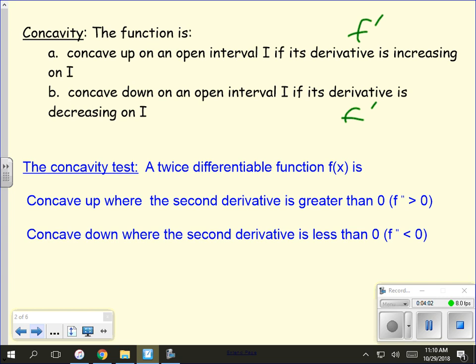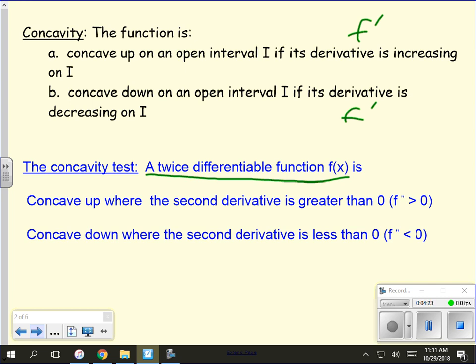A twice differentiable function, i.e. the derivative has to exist and its derivative has to exist. So you have to have a function where you can take its derivative and the second derivative both have to exist.